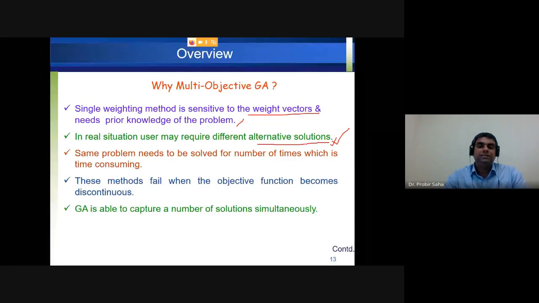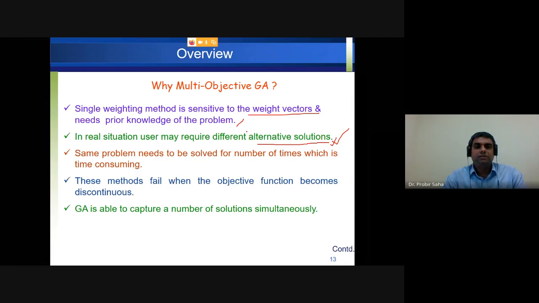It's not like, I need this one, so I'll solve this problem, and again I'll get another solution. A design engineer does not have that much time. You must have the optimal solution, the best solution, and multiple solutions should be available, so I will choose as per my requirement, one after another, right?